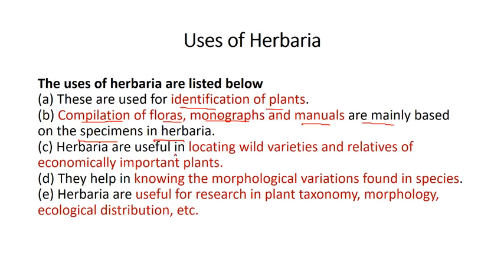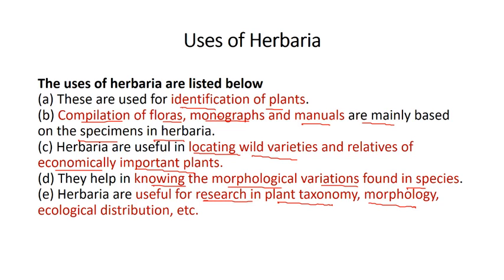Herbaria are also useful in locating wild varieties and relatives of economically important plants. They also help in knowing the morphological variations found in the species. Herbaria are also useful for research in plant taxonomy, morphology, ecological distribution, etc.